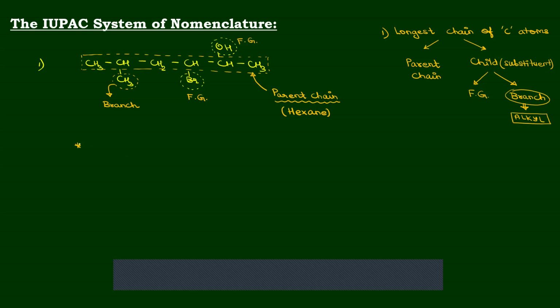Now, when I talk about the alkyl groups, as we discussed, they are the radicals obtained by removing a hydrogen atom from an alkane. So from methane, if I remove the hydrogen atom, the first and simplest alkyl radical I get will be CH3.